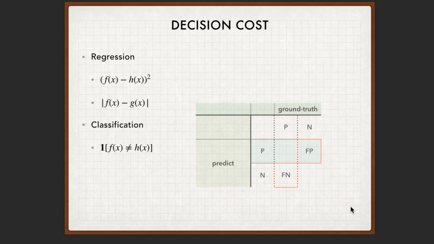So when the user actually is the same user as the identity card shows, that is truly positive and you predicted positive, there is no cost. And of course, when it's truly negative, you don't have any cost either. The case of interest is when the user is not as shown on the identity card, but you have predicted positive, then that's a false positive.